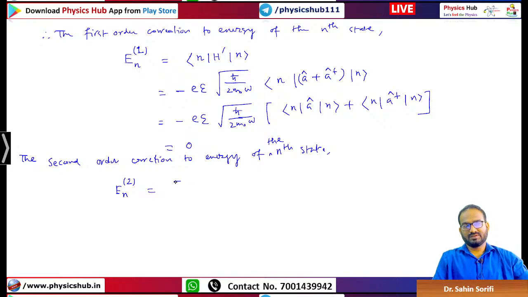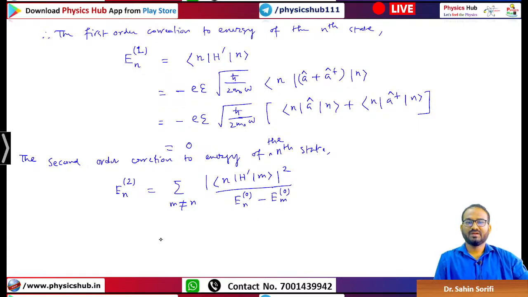So you know the formula: sum over m not equal to n of mod square of <n|H prime|m>, divided by E n0 minus E m0. Now if you look at this term, it is like <n|a|m> plus <n|a dagger|m>, isn't it?